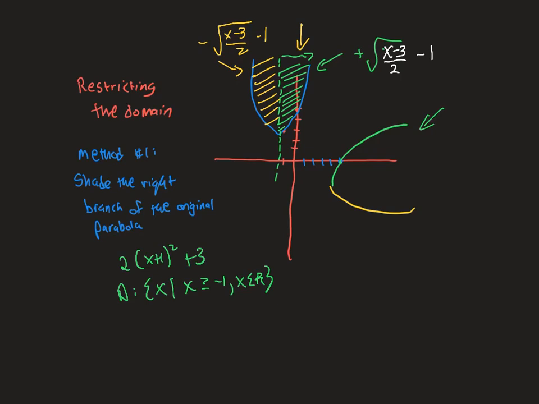The second method is to shade the left branch. So if I were to use this branch here, it's not greater than or equal to negative 1, it would be less than or equal to negative 1.